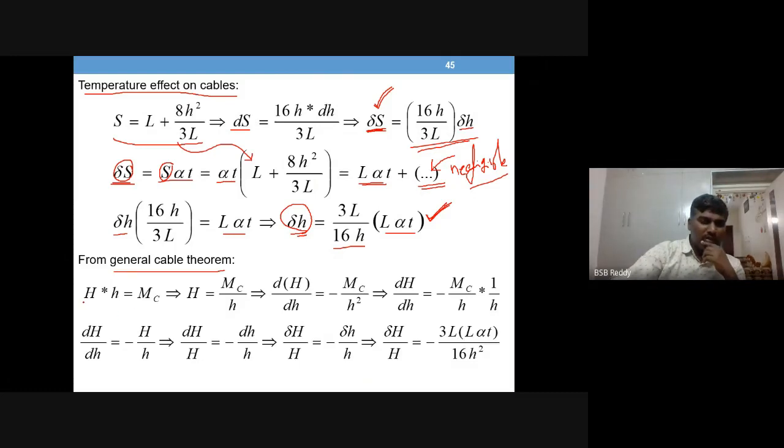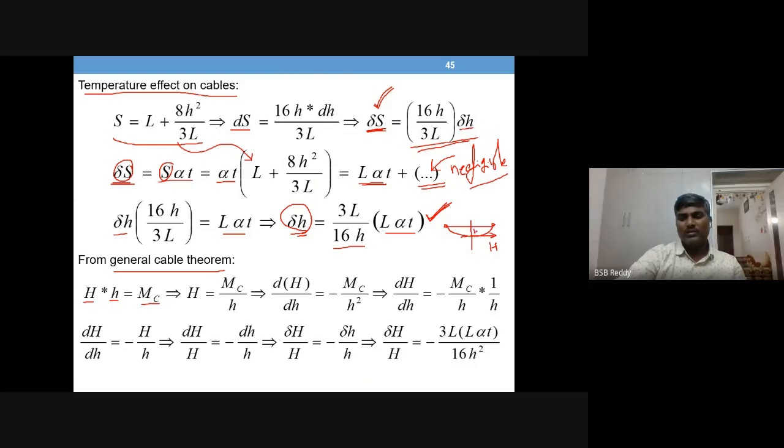horizontal cable tension into the sag value is equal to the moment at center. So we are applying the general cable theorem at the center. So this is the center point, point C. This is H, the horizontal cable tension.